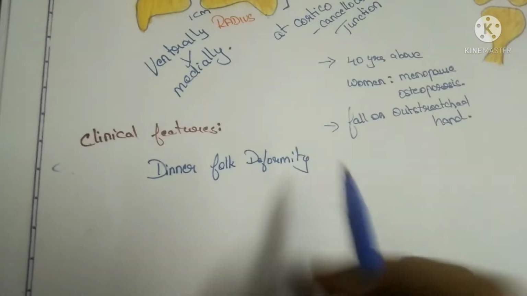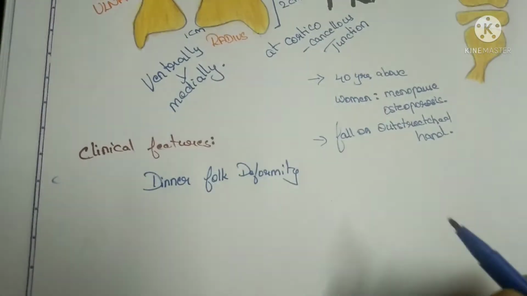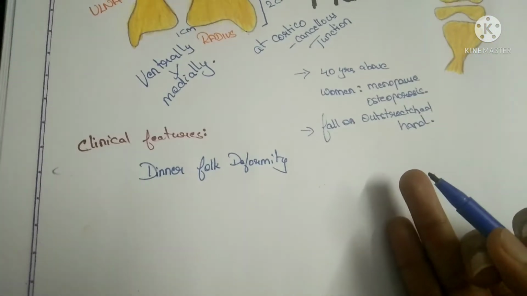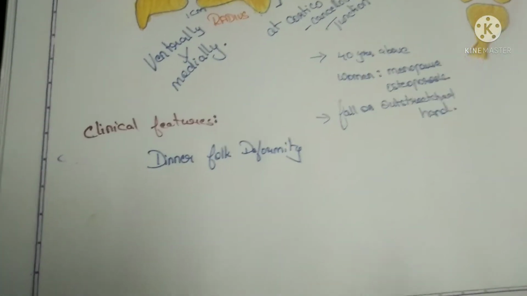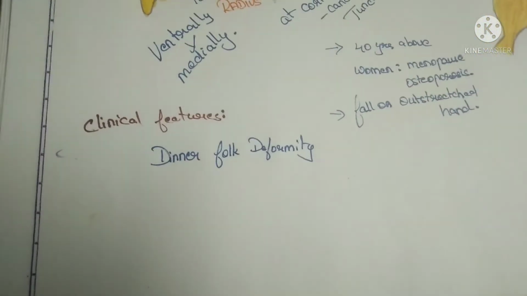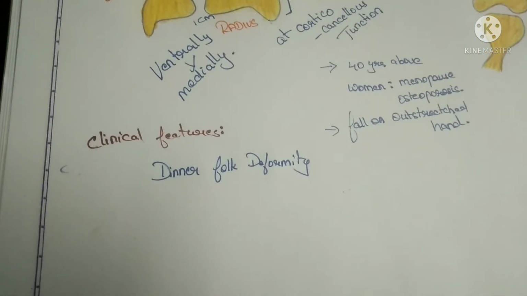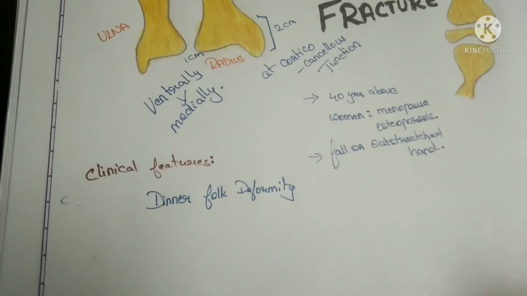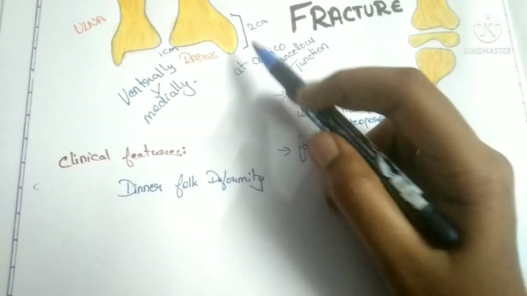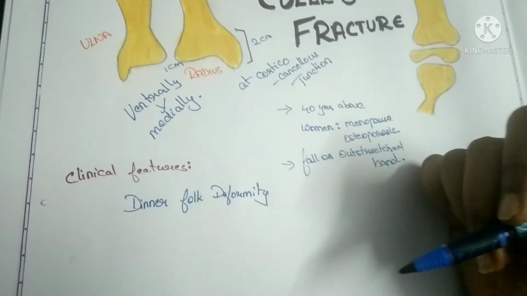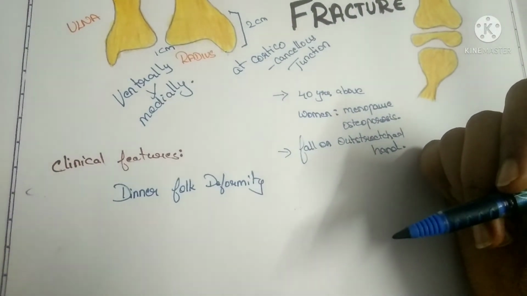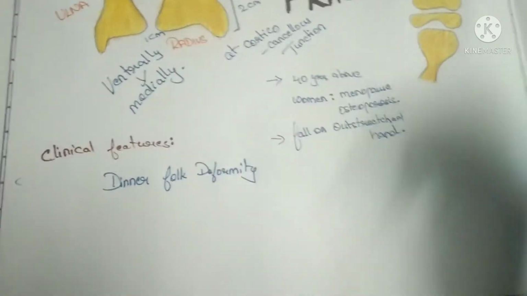Clinical features of Colles fracture include pain, swelling and tenderness, pain on pressure. It also leads to deformity, the dinner fork deformity. The hand will resemble a dinner fork. In this, the radial styloid process will be at the same level or a little higher than the ulnar styloid process.